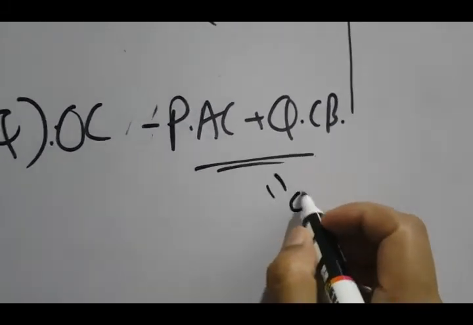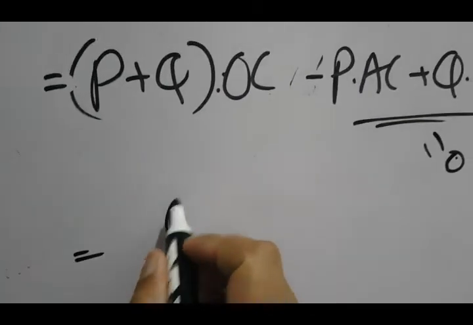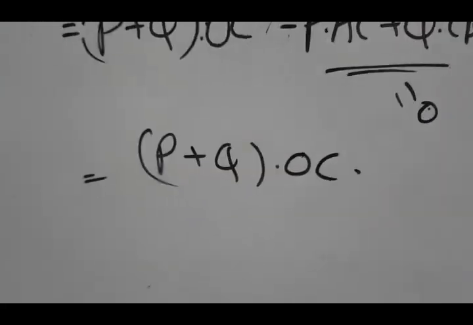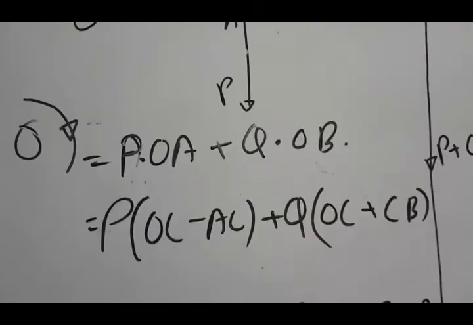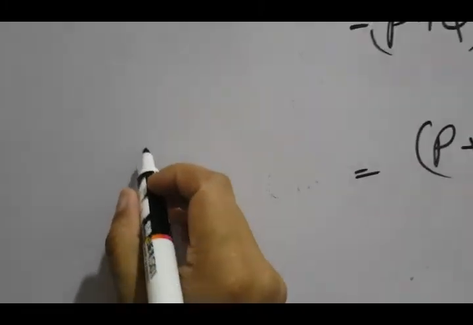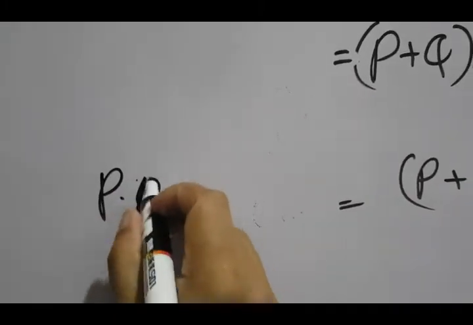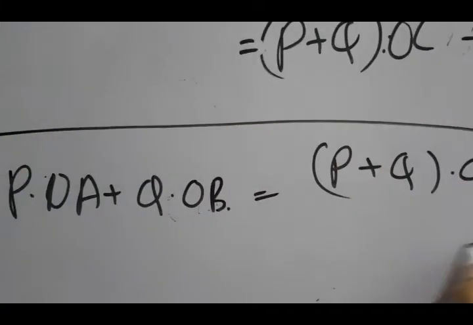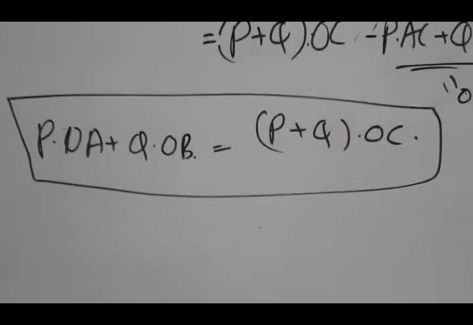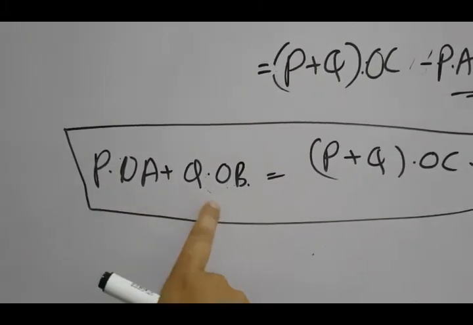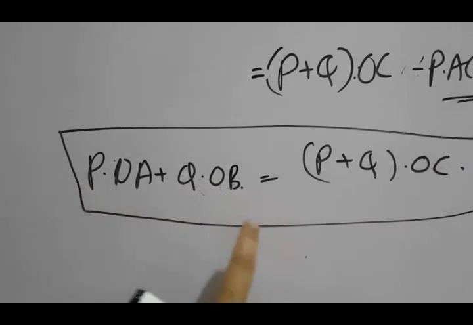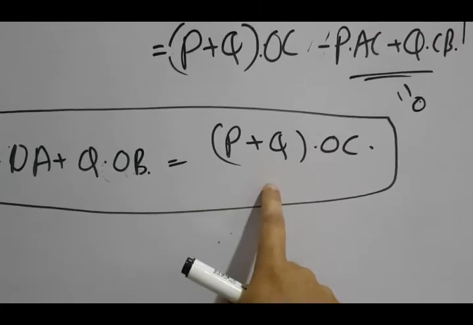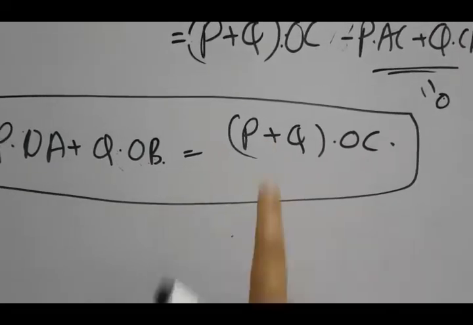So this becomes 0, and you are left with P plus Q into OC. Okay, what is P plus Q into OC? P OA plus Q into OB, right? So what does this tell us? The algebraic sum of the moments of each of the forces about that point is equal to the moment about that point by the resultant, right? So this is the final result.